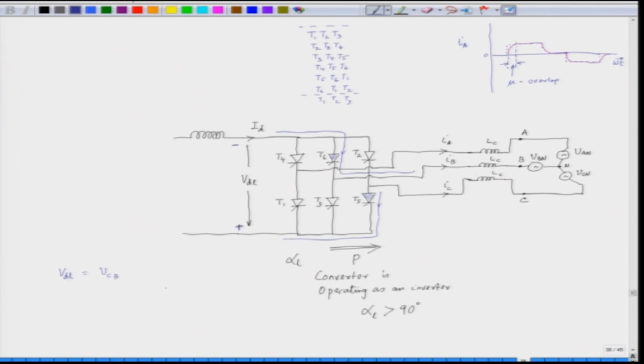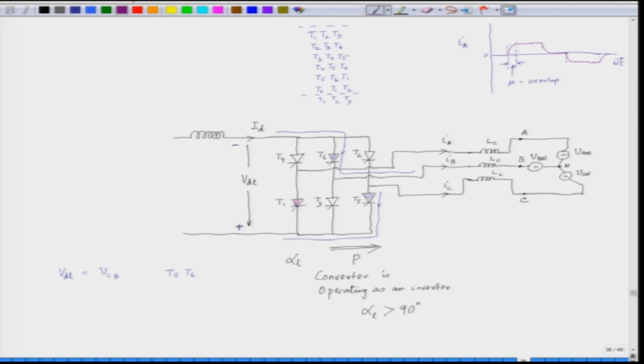And now, what do we do? We trigger the SCR T1. This was for the previous case where T5 and T6 were conducting. When this SCR is triggered, it has to be forward biased.